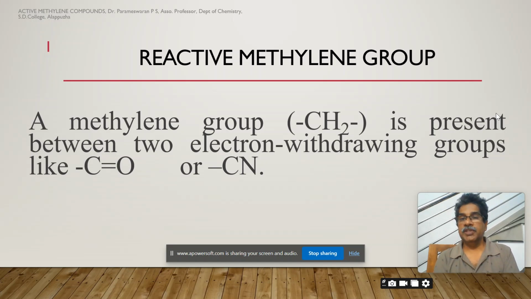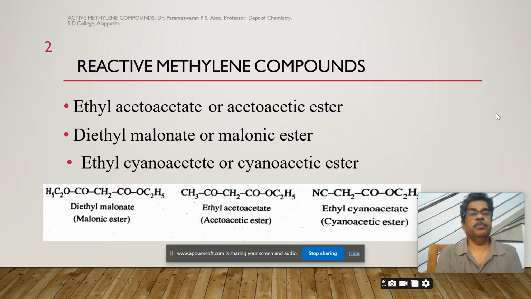Okay. So a CH2 group, if it is present in between two electron withdrawing groups, then it is known as a reactive methylene group or active methylene group. And compounds which contain active methylene groups are known as active methylene compounds or reactive methylene compounds.